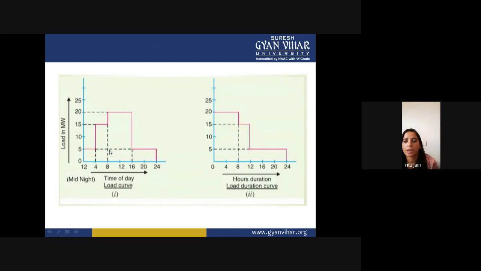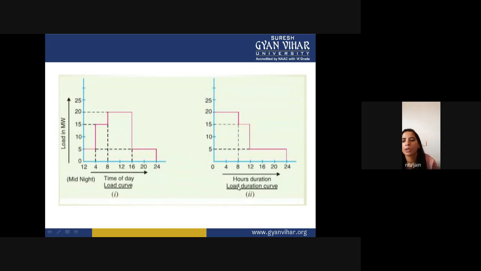After 8 a.m., from 8 to 4, the load is 20 megawatt. After 4 p.m., the load is again 5 megawatt. And in the night, it becomes almost zero. Not zero, but the load is light.